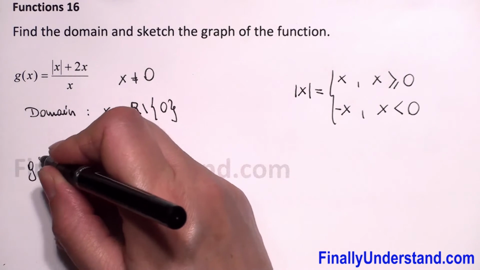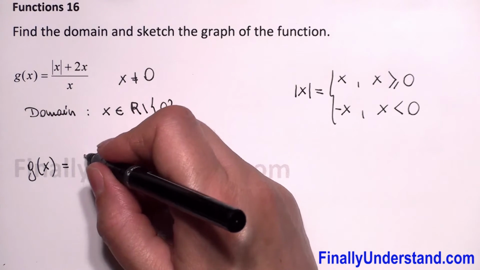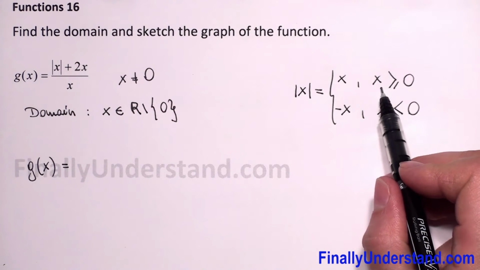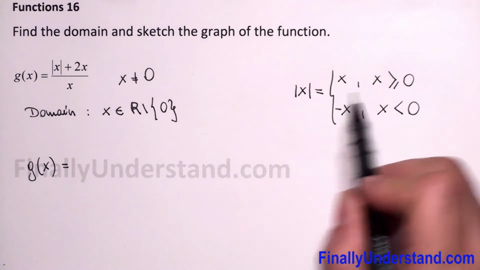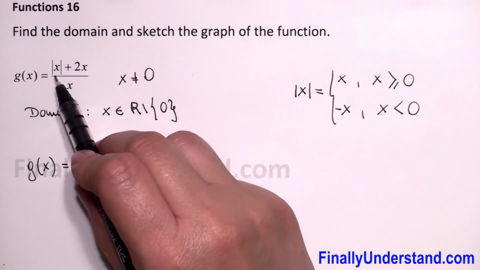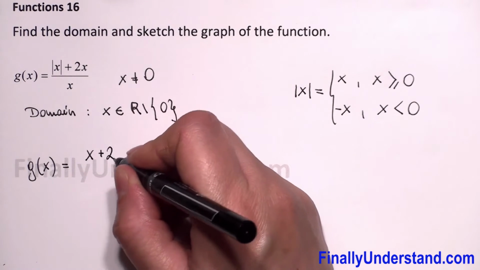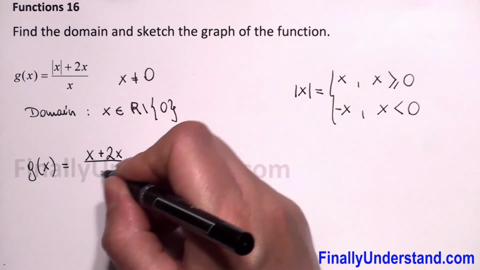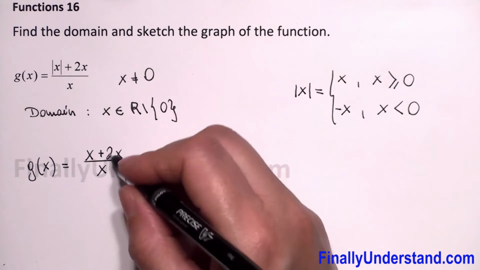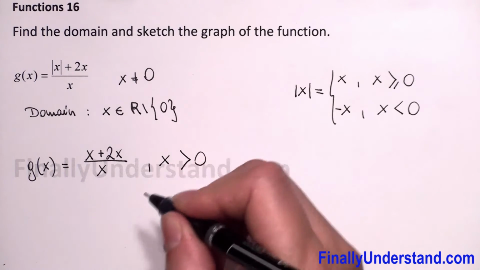Our g function will look like this. For positive value, because we cannot take 0 because we exclude 0, we have absolute value of x will be x plus 2x, the rest we just copy over x. This part is for x greater than 0.